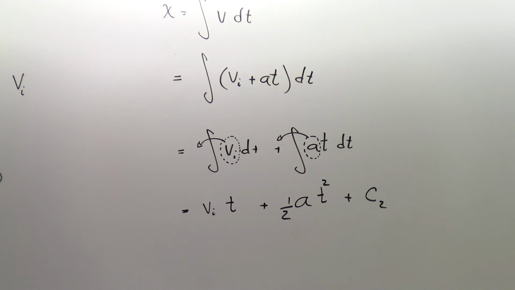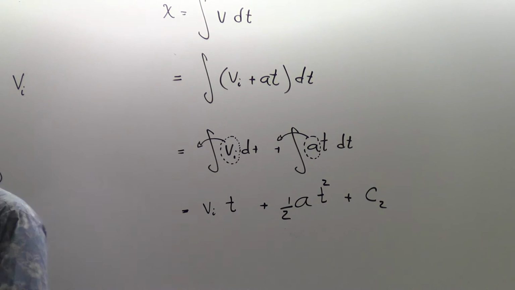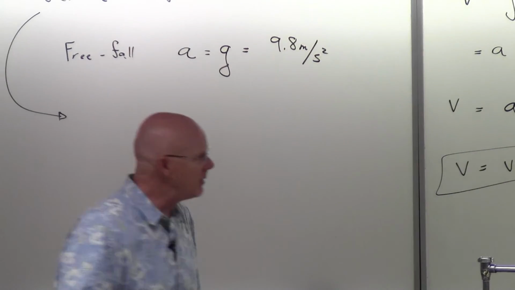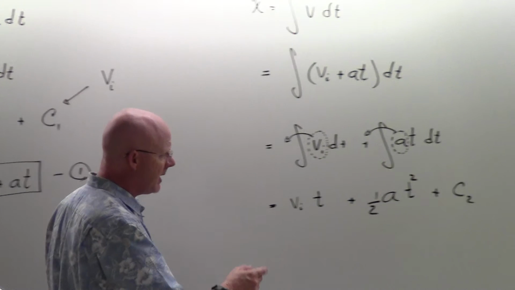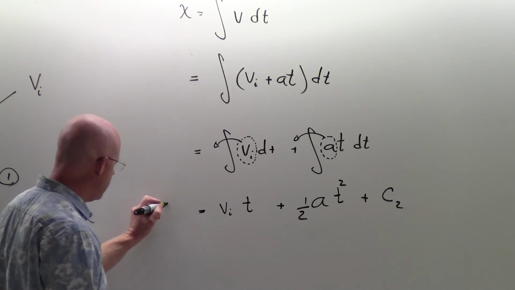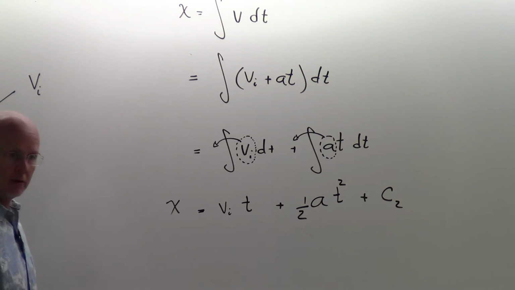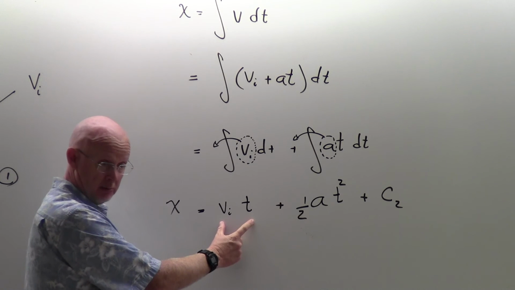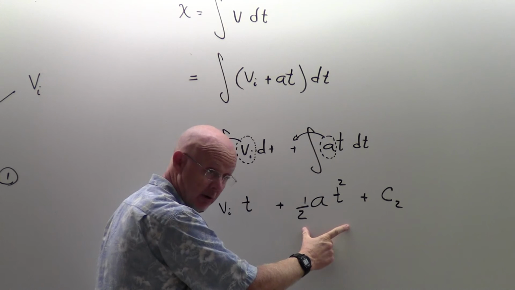And then now let's do what you said. Couldn't we read this math a little bit? Like we did back here? Let's not leave it as a constant. I mean, that's what we learned in our math class, but let's go beyond that. Let's not just do the math, let's read the math. And as we read the math, as we study it, what does C2 mean here? Well, like before, at time equals 0, that would be 0, and that would be 0.